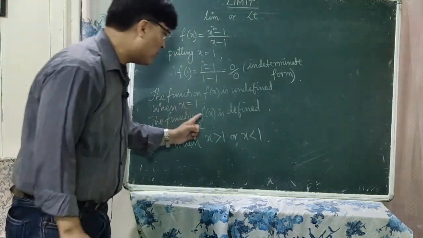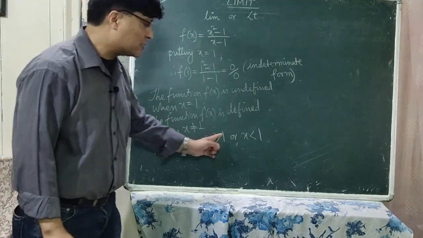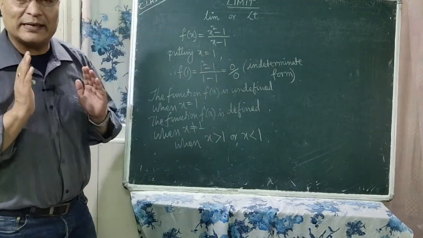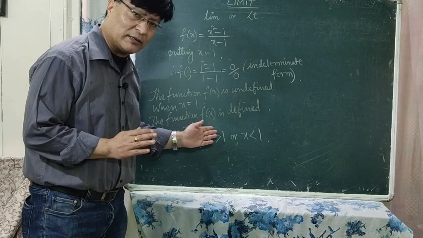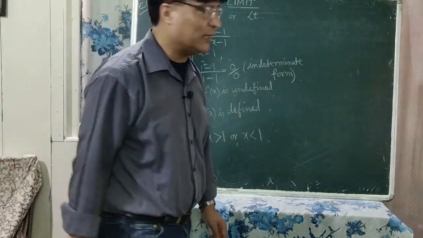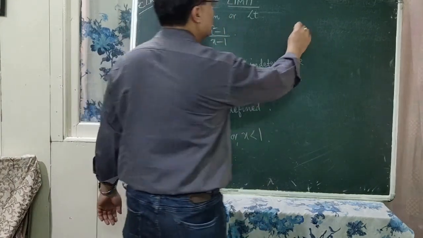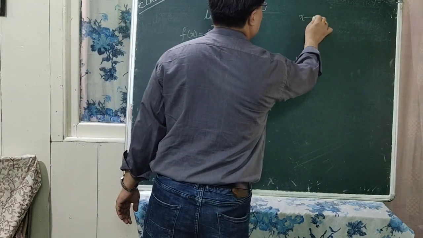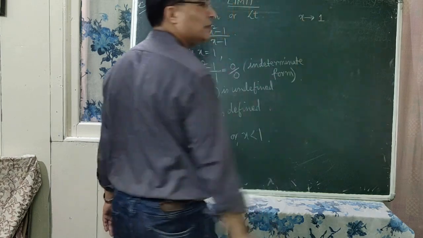The function f of x is defined when x is greater than 1. You can give any values of x greater than 1, or you can put any values of x which is less than 1. Now we'll discuss this term.